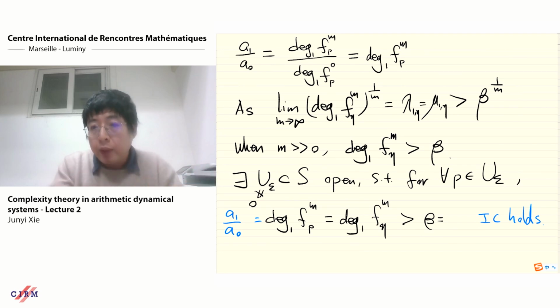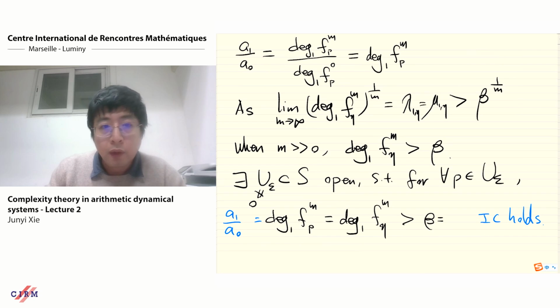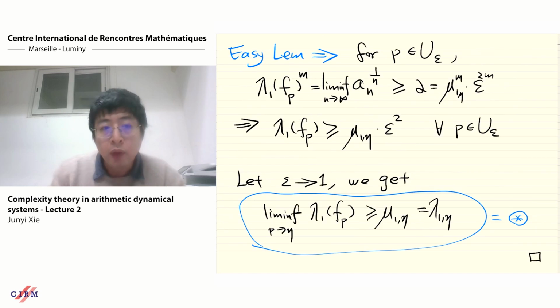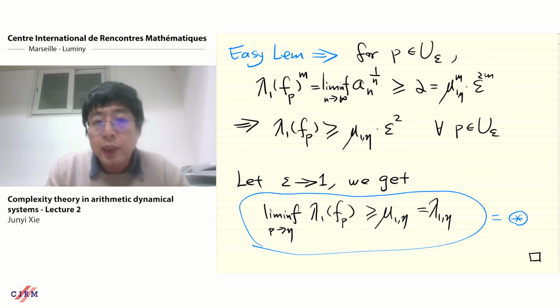So if you pick p contained in this open subset U_epsilon and pick m sufficiently large, then the initial condition holds. Now you apply this easy lemma because you already have these three conditions.